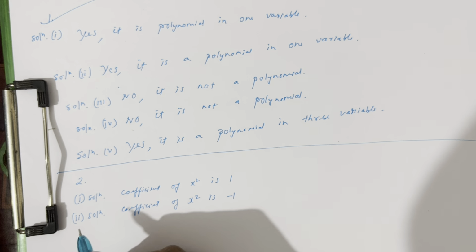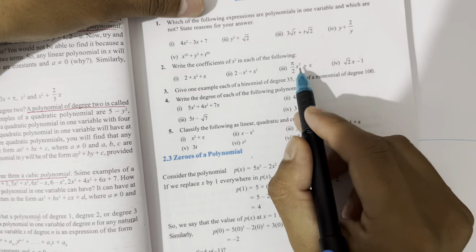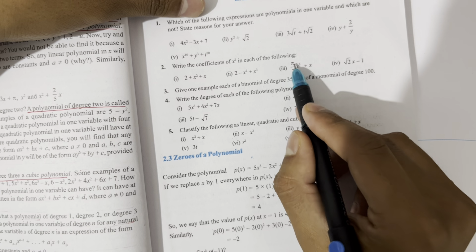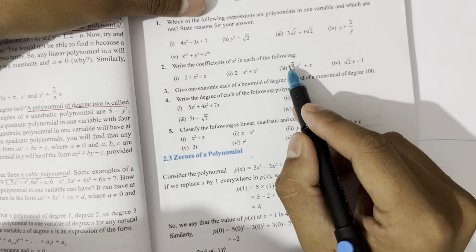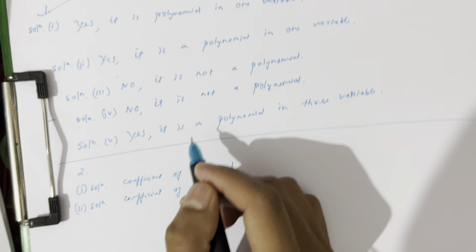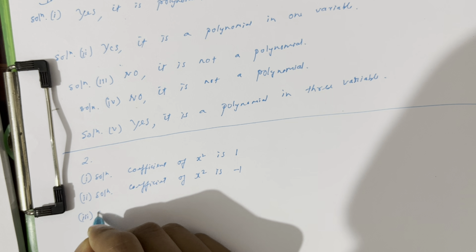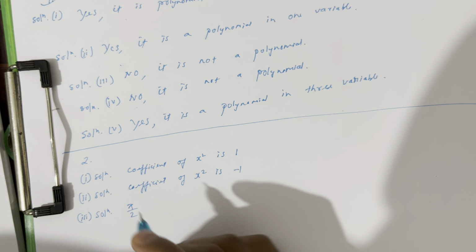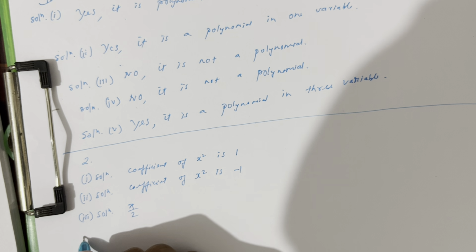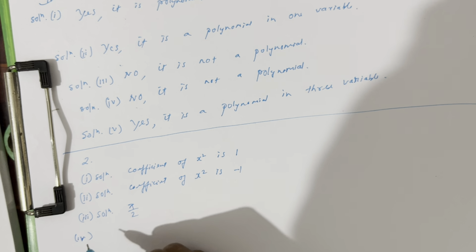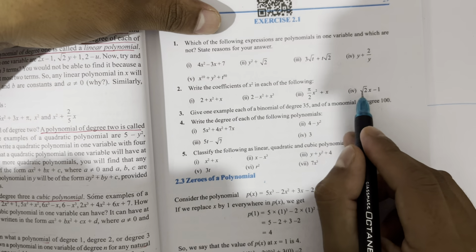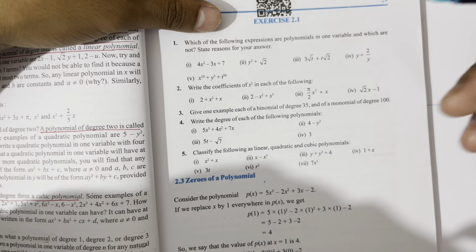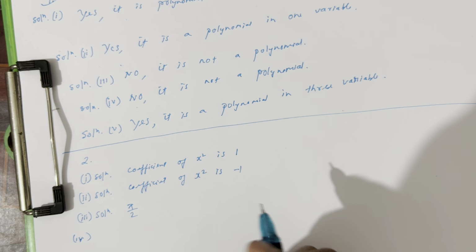Then number 3, what is the coefficient here? Pi by 2. So we just write solution number 3, pi by 2 is the coefficient of x square. Okay, then number 4, root 2x minus 1. x square is not there here, so 0 is the coefficient of x square.